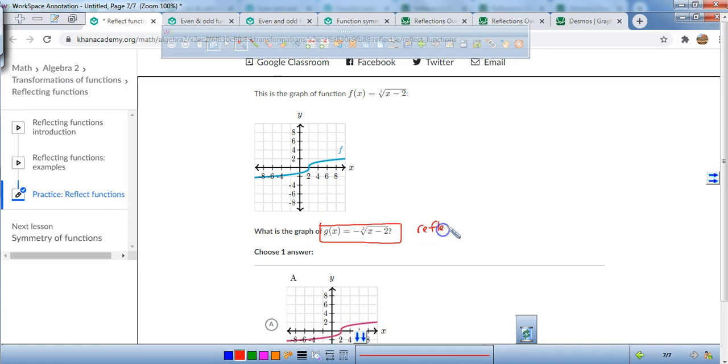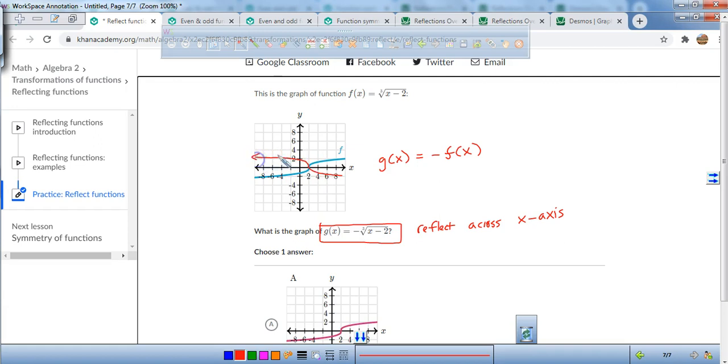So we're trying to reflect across the x-axis. That's what we're trying to do. Because g of x is going to equal negative f of x, because all they did was apply it. So what I'm looking for is a graph that goes across the x-axis, so it kind of looks like this and goes up.